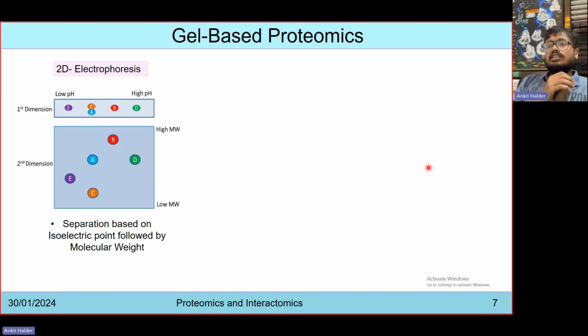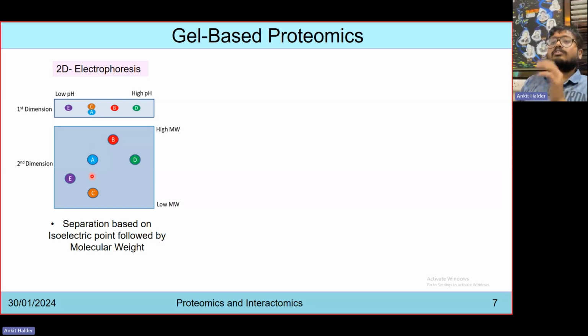So in this example you can see that both A and C had the same isoelectric point but different molecular weights. Firstly they were separated on the pH gradient strip, and though they had the same pI, or isoelectric point, since they had different molecular weights, they could be separated when run in the second dimension.